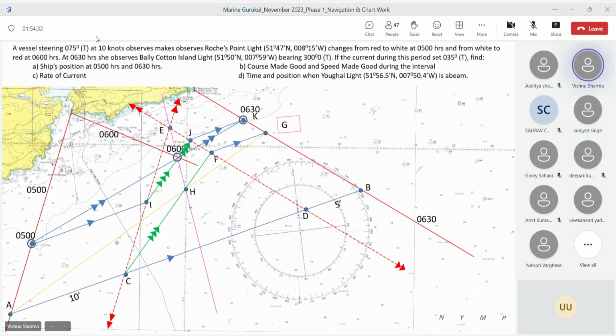But after you get the 6 o'clock fix on your second PL, E will be above, the position will be above E, so that PL will also come above. If the current is 220, then in this direction the second PL is not possible, na, then.